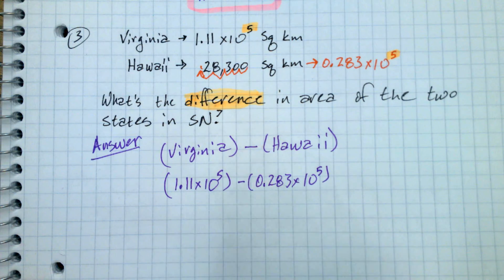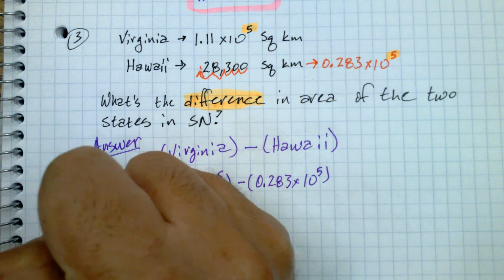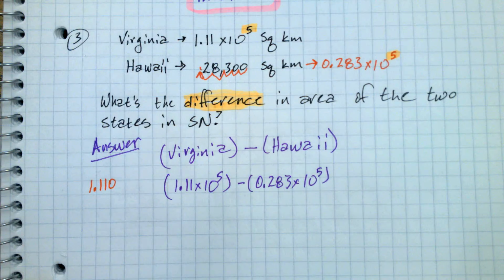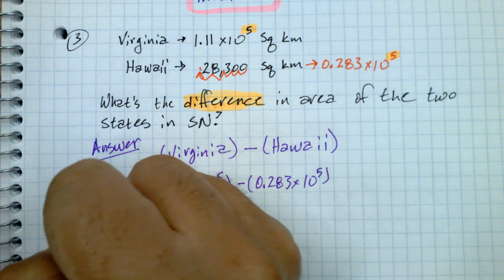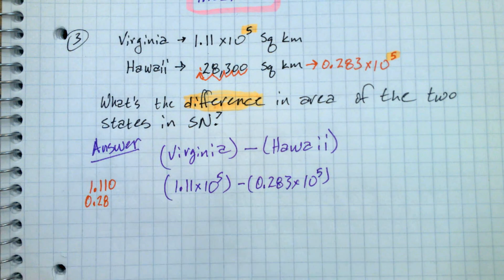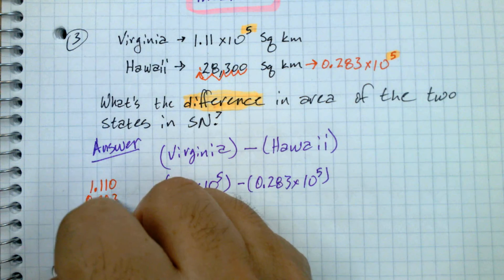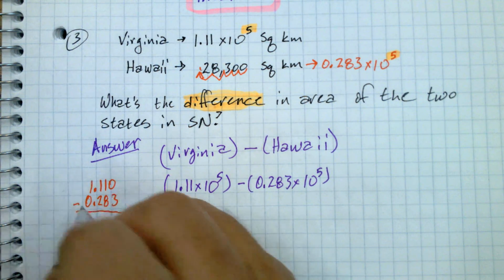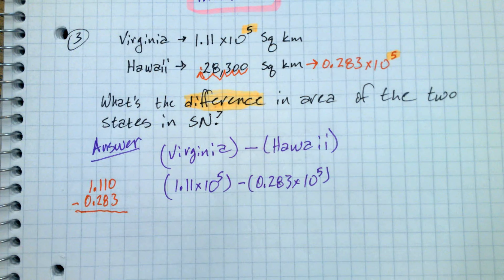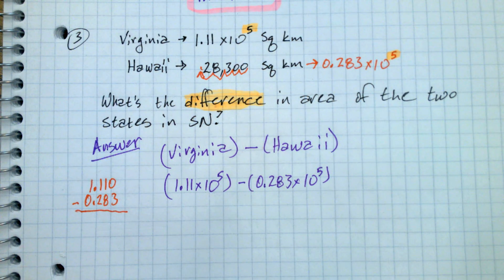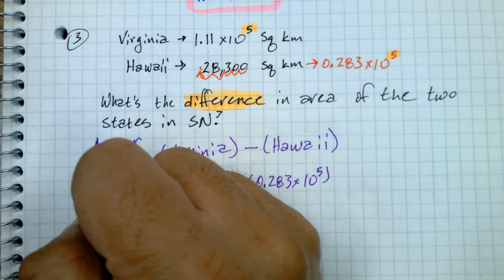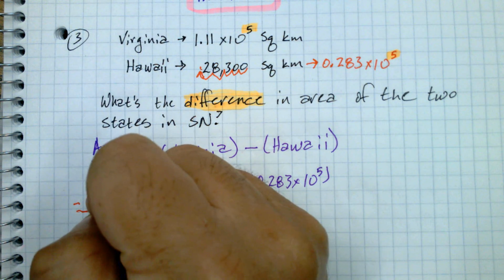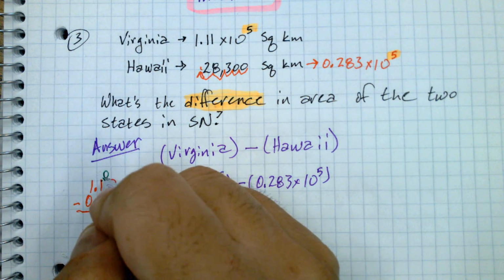Let's see here. 1.11, and I want an extra 0. 0.283. I got to borrow. Borrow yet again. So I'm going to borrow here, make that a 0, make that a 10. 10 take away 3 is 7. I got to borrow again.